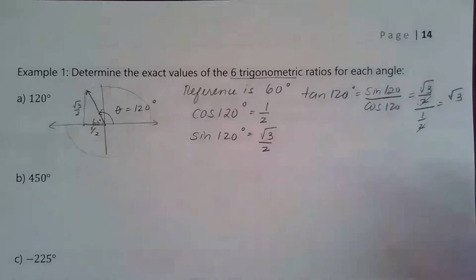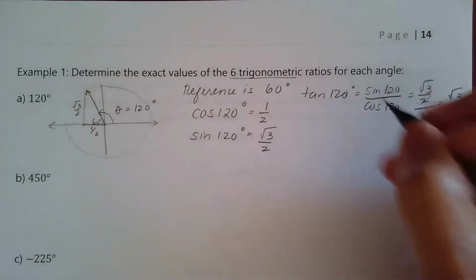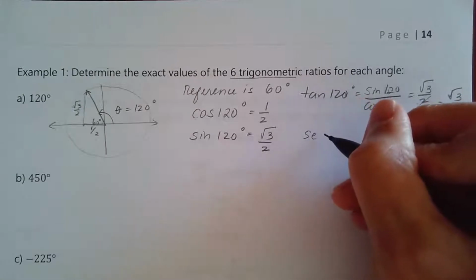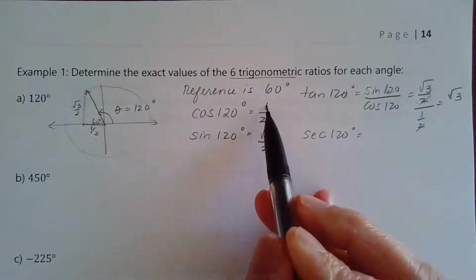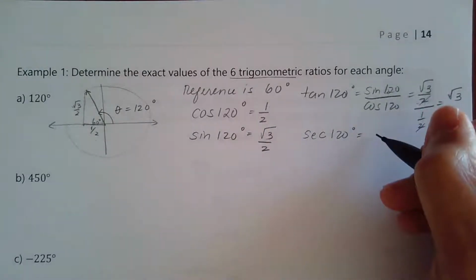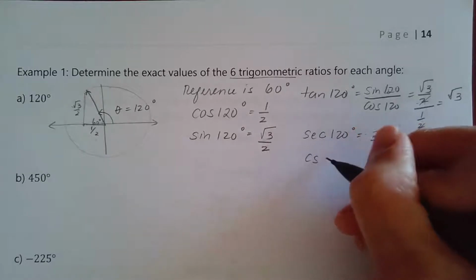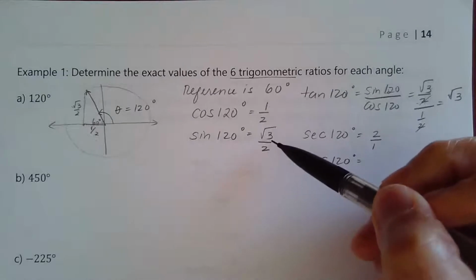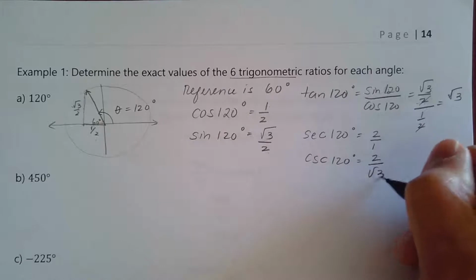Now, what about the other ones? Well, the other ones are reciprocals of these 3 trigonometric ratios. So secant of 120. Secant is a reciprocal of cosine, which is 2 over 1. Cosecant of 120 degrees, that's a reciprocal of the sine, so that's going to be 2 over root of 3.